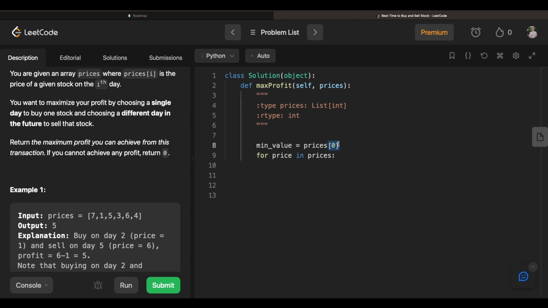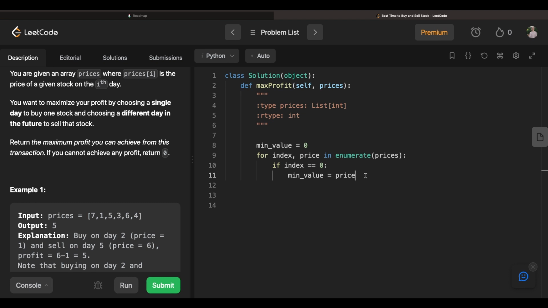So once I've processed this first one, why don't I do this? Because this is an iterable, we know we can add our index to it. I explained this in a previous video. But if index is 0, we set the min val equal to price. We can set that equal to 0 or something, it doesn't matter.